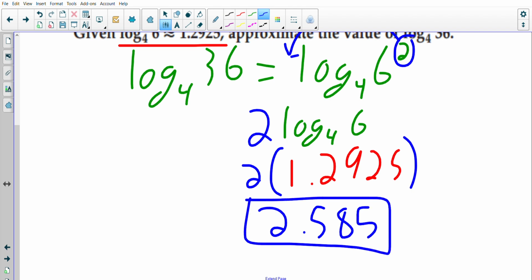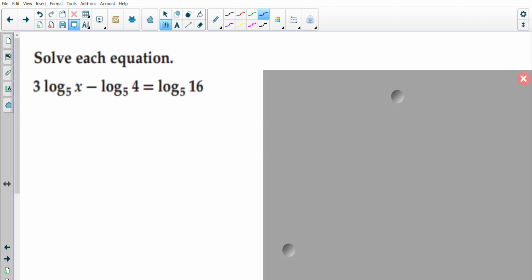So now we're going to take all those properties and solve some problems. Solve each equation. 3 times log base 5 of x minus log base 5 of 4 is equal to log base 5 of 16. Now we can use our properties. This 3 is going to get multiplied back up.